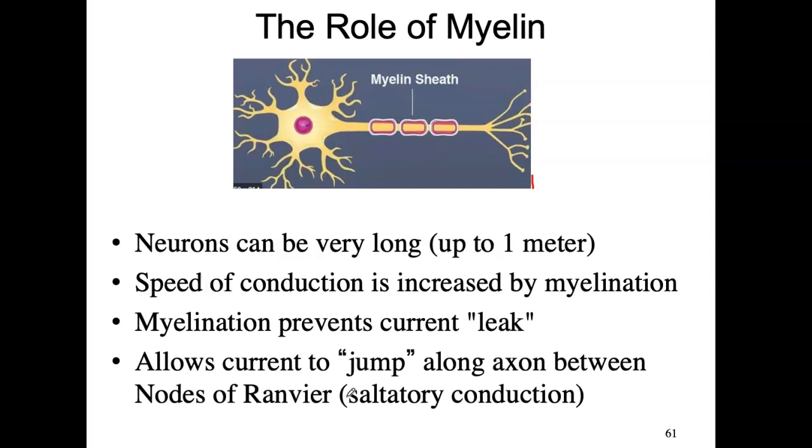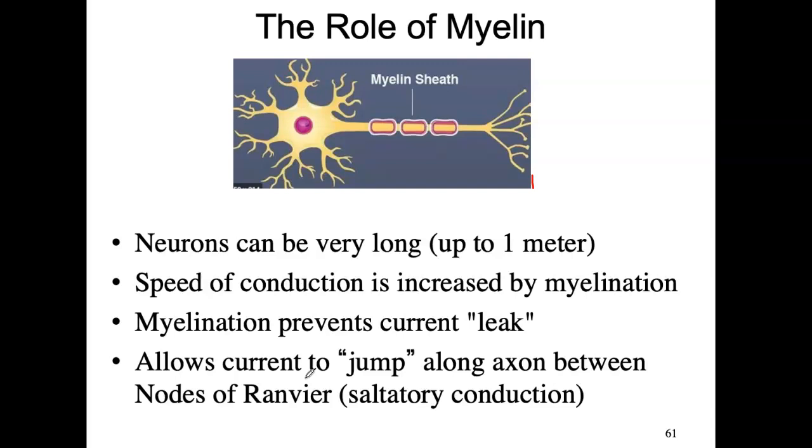The action potentials are going to actually "jump," and I have that in quotes, because it's not exactly jumping, but it has been named saltatory, which means to jump. Saltar is to jump.